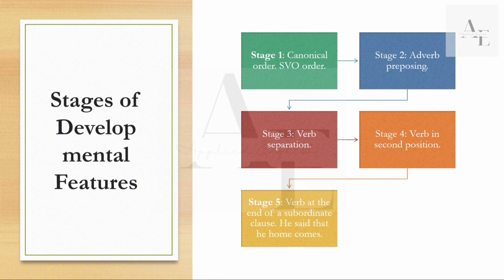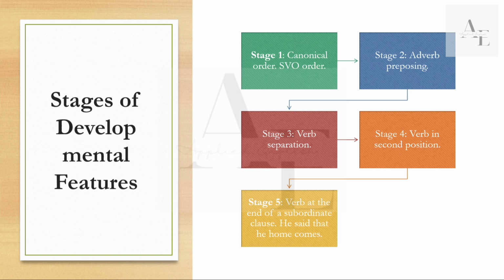I think it's putting the verb at the end of the sentence. I said it's something in German, not in English. And then we have verb at the end of a subordinate clause, like "he said that he home comes." It's like a literal translation from German.